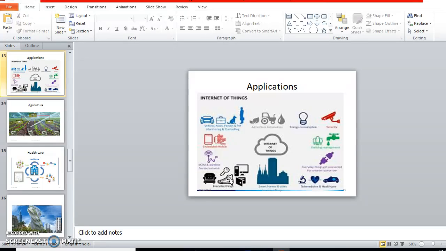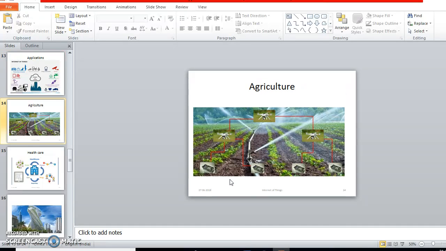Almost in each and every discipline, the IoT plays a major role. Like agriculture, we can monitor things. These are drones, which I am currently working on for remote monitoring of my agricultural fields. If any object enters my fields, an alarm automatically comes on my mobile phone wherever I am in the world.